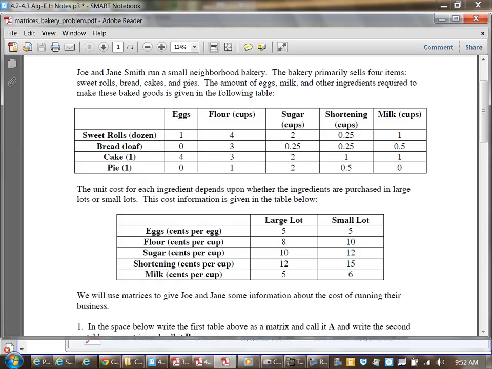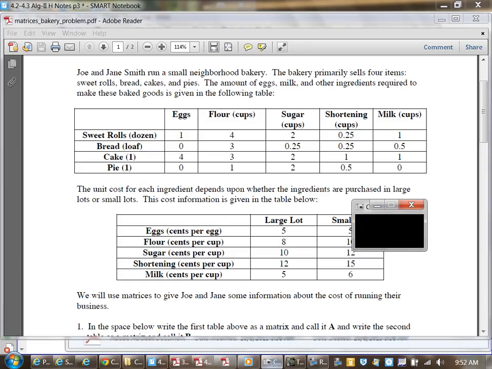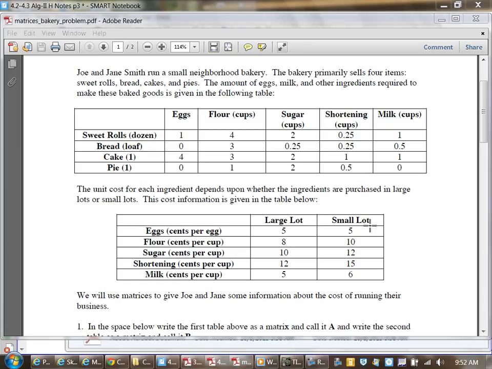So in this case, what are your dimensions going to be? 4 by 5. Do we all agree? There are 4 rows and 5 columns. So when I start writing out what an inventory matrix would look like, I'm just going to look at the data here.